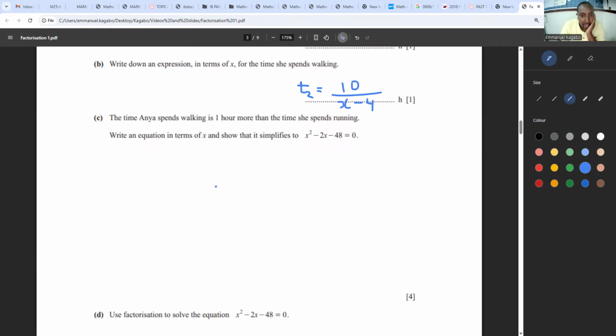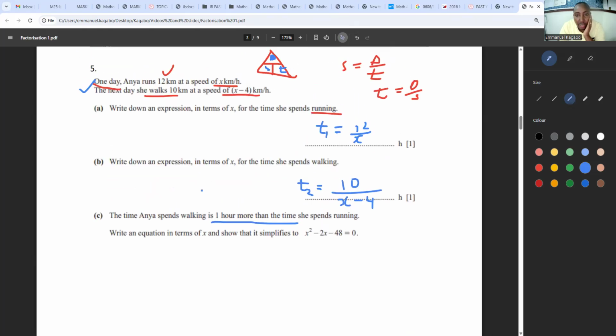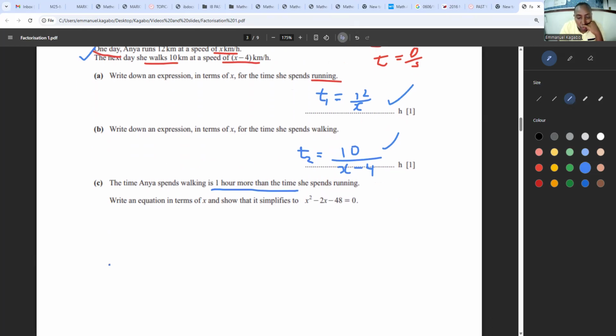Now, I want you to pay attention here. So, she spent 1 hour more walking. Now, which time is bigger? Which time is bigger if you check? So this is bigger than this, right? This time here is bigger than that.